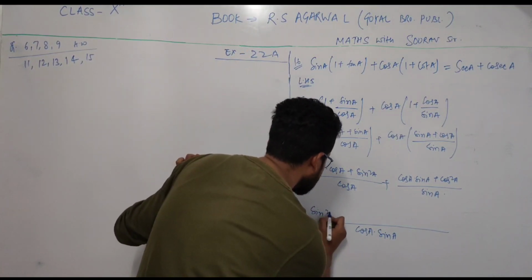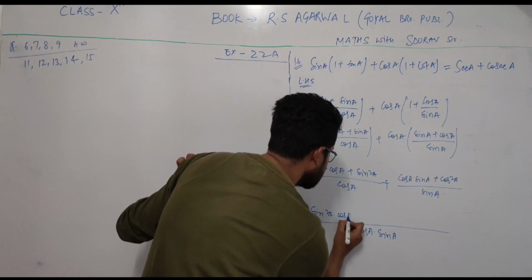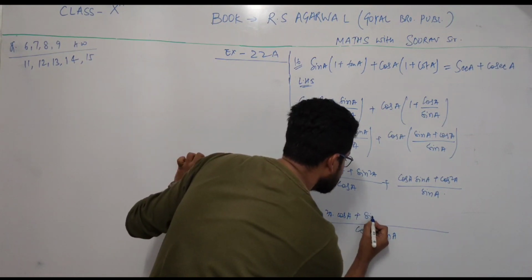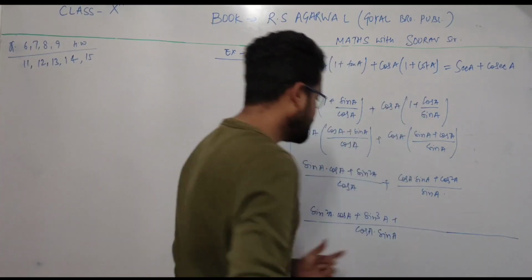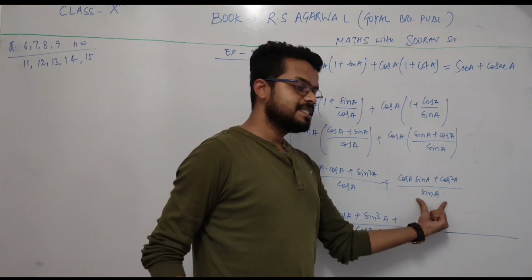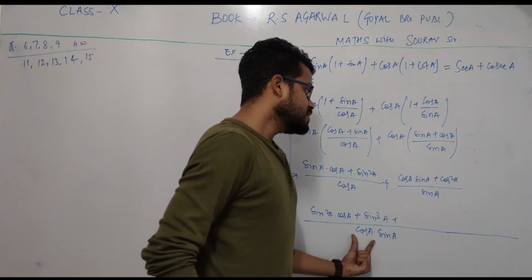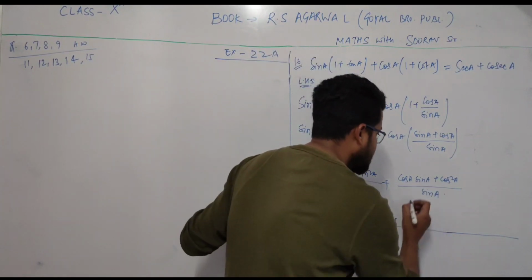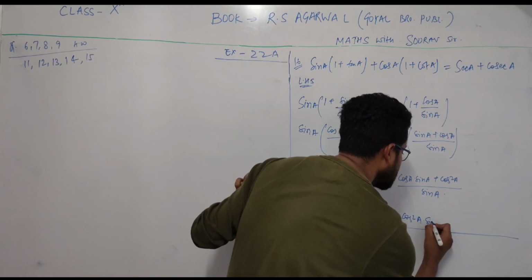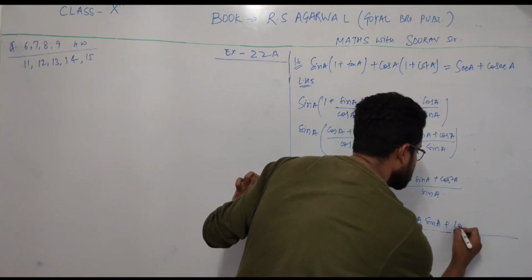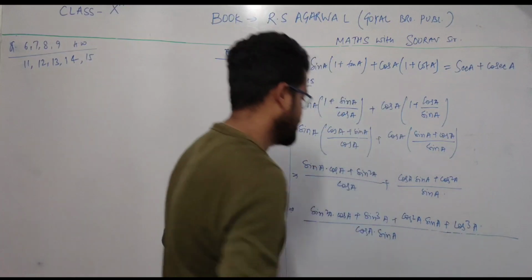So this one is sin square A cos A plus sin cube A, plus, again if we divide by this, we are left with cos A, so this is multiplied with cos A. Now I write here cos A into sin A plus cos cube A.